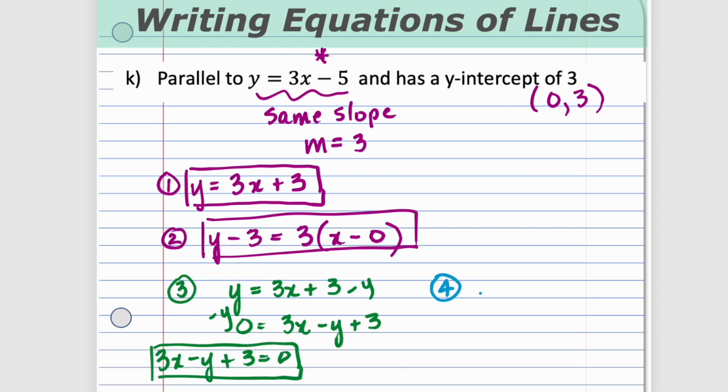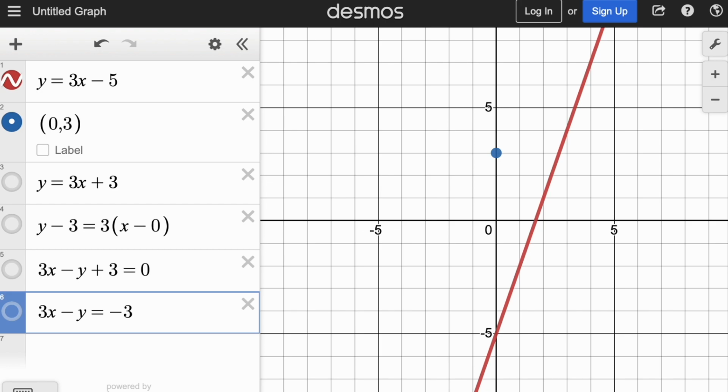And the standard would be 3x minus y is equal to minus 3 because we subtract 3 both sides. When we look into Desmos, we can have a look at all the given information and then see the equations. There's the line that's parallel to the original, red line. And these forms are all different versions of that equation.